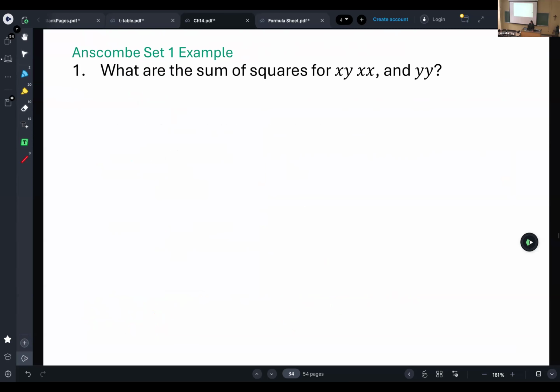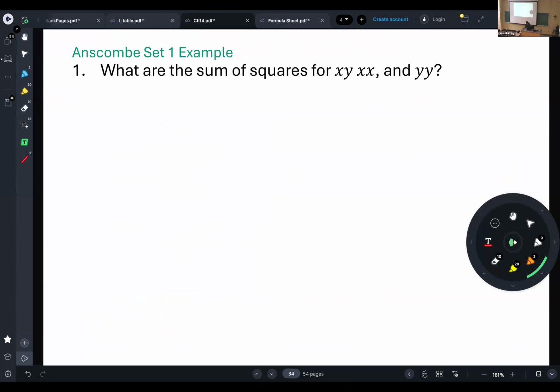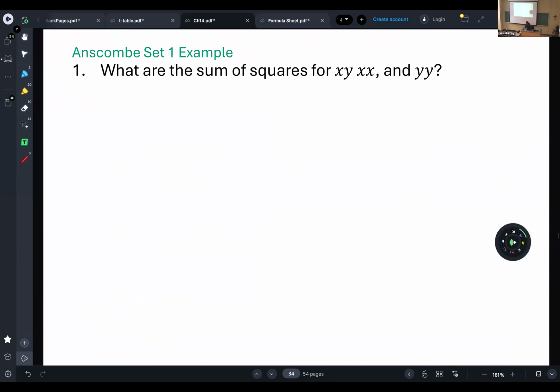What are the sums of squares? So now we're going to get those sums of squares. Let's grab the formulas. Who shall we do first? How about the x's first? That's going to be this formula here. Remember our n.